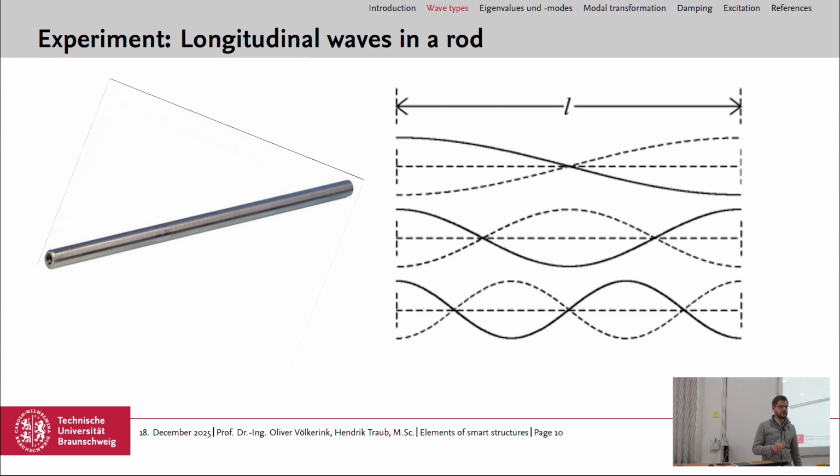You can also try if you just hold it not in the middle, but 1 centimeter off, then you can't excite it. It will not get into resonance, and you won't hit the eigenmode. You can also try to find these vibration nodes, but it's maybe harder to identify.